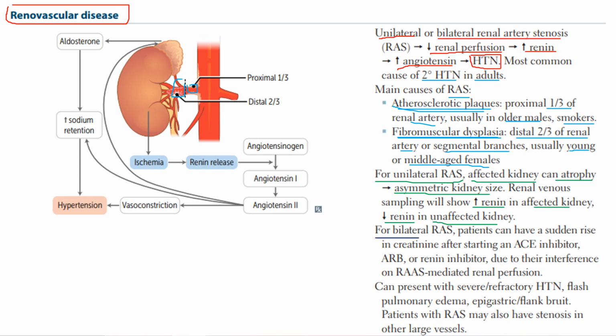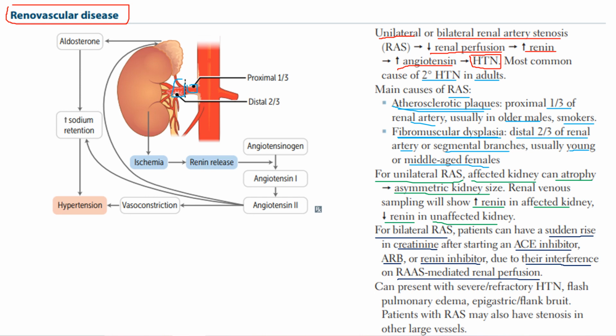Bilateral RAS means both kidneys are affected. Patients can have a sudden rise in creatinine after starting ACE inhibitors, ARBs, or renin inhibitors due to their interference with renin-angiotensin-aldosterone system-mediated renal perfusion.